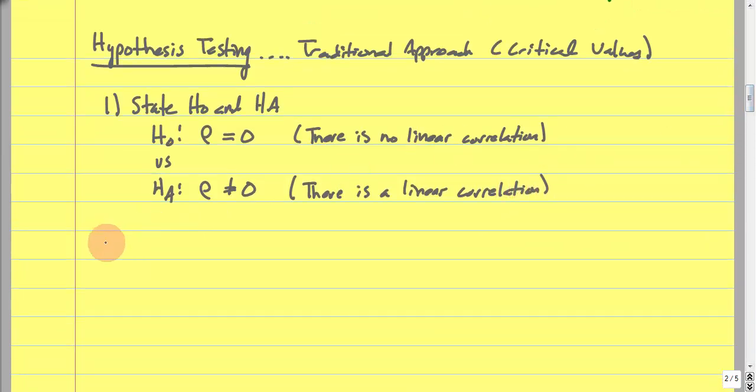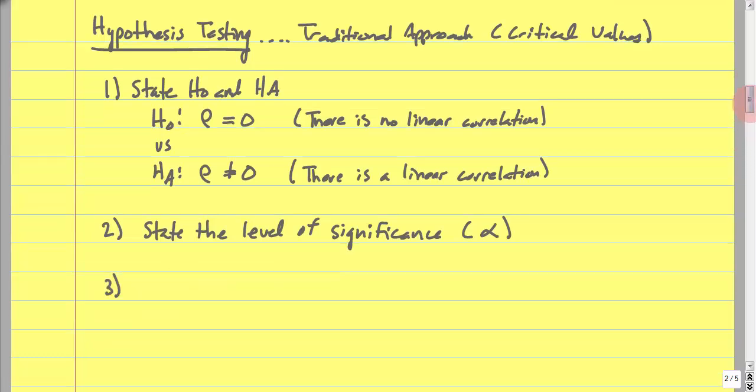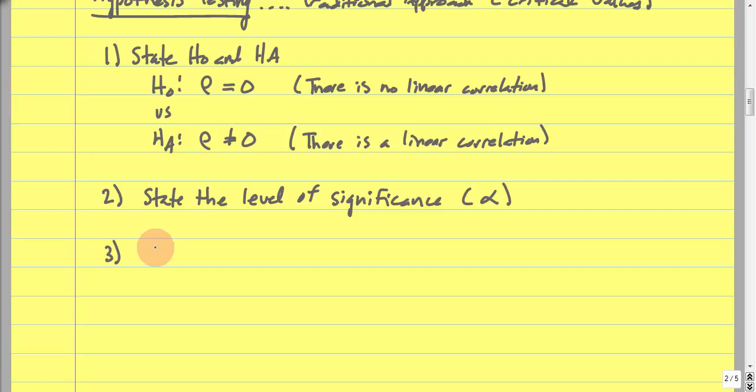So that's step 1. Step 2 is to go ahead and state the level of significance. And this is usually given to you in the problem. Remember, this is our value of alpha. Step 3, based on this level of significance, we're going to go ahead and determine the critical values.